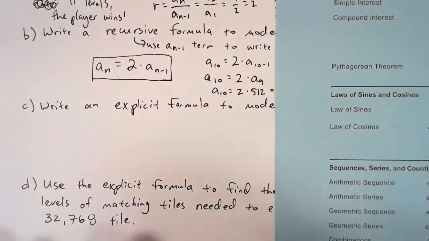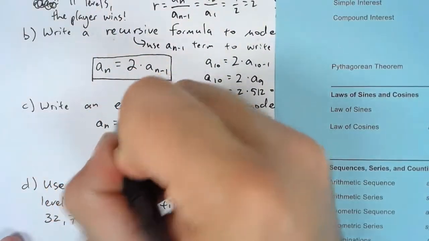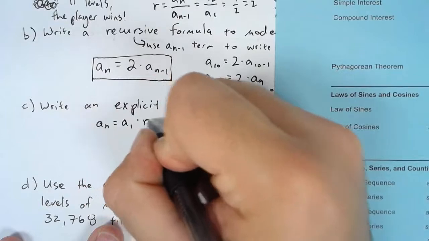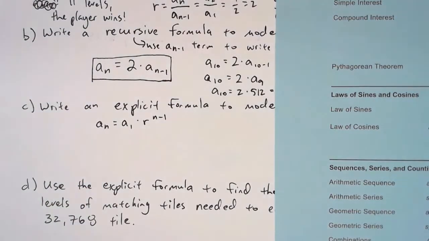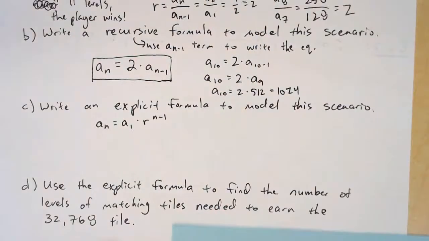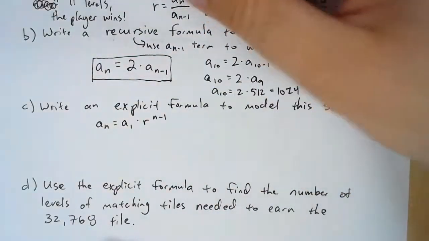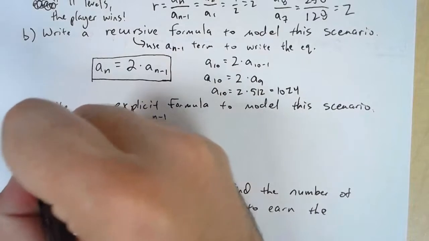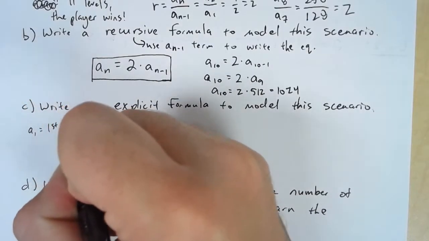So we need to write down our formula. a sub n equals a sub 1 times r to the n minus 1 power. You can choose to put that r in parentheses if you'd like to. Remember, a sub 1 is just our first term, which we talked about up here.